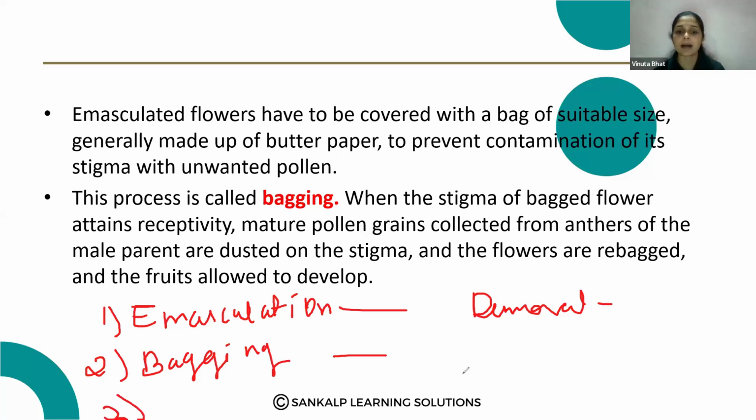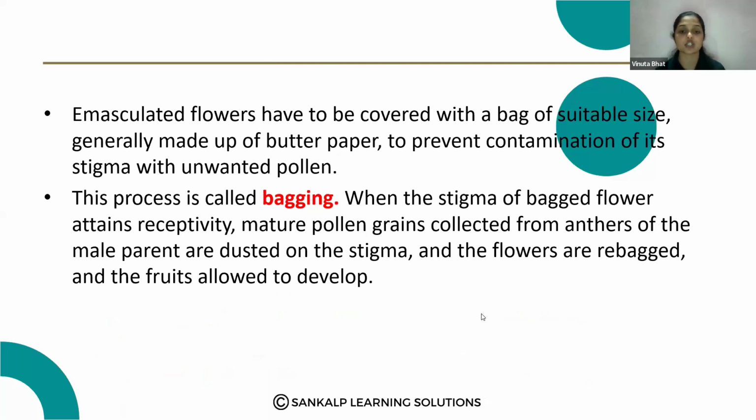Then the bag is removed, and when the stigma attains receptivity, when the stigma is ready, the desired pollen grains are transferred to the stigma of the flower. Again it is rebagged and the fruits are allowed to develop. So these are the important steps involved in artificial hybridization. What is artificial hybridization? Emasculation and the bagging technique are the important ones.